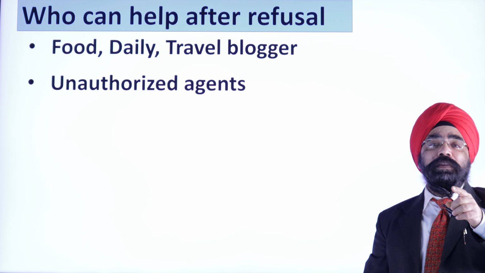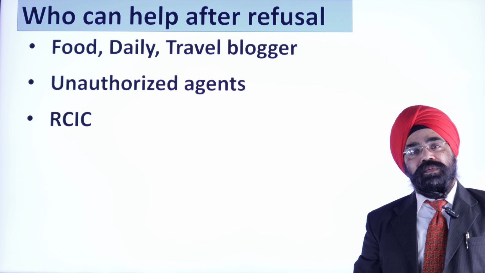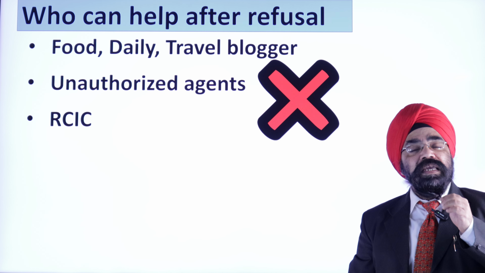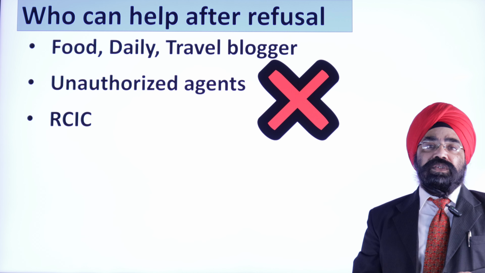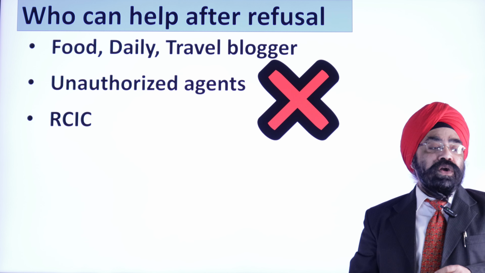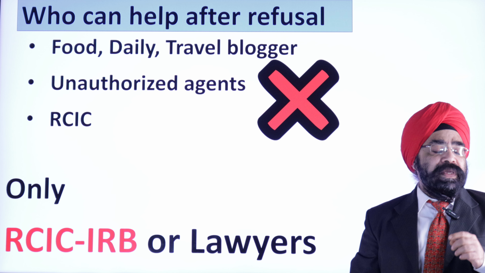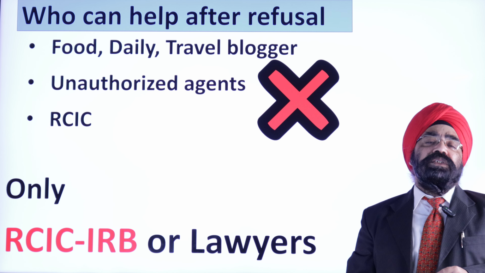And this one will be shocking. Even RCICs cannot help you. Yes, even RCICs are not authorized to appeal. Then who is authorized? Who can help you to appeal? Only RCICs with the IRB designation. I have the RCIC IRB designation.